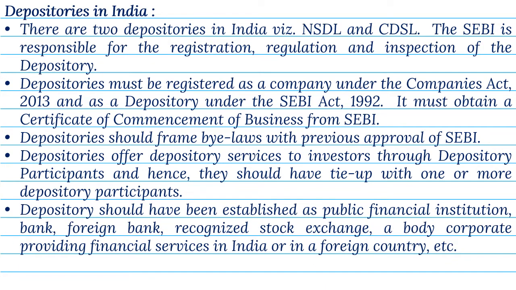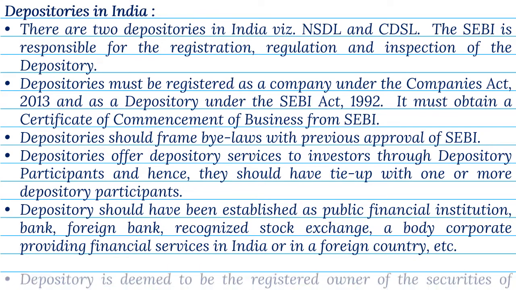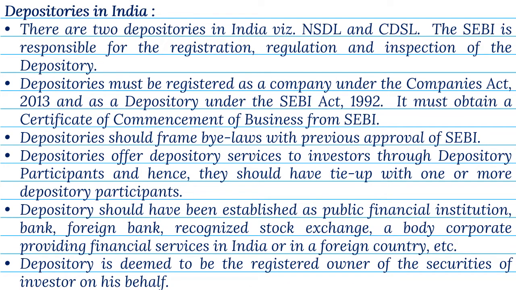Depository should have been established as public financial institution, bank, foreign bank, recognized stock exchange, a body corporate, providing financial services in India or in a foreign country, etc. Depository is deemed to be the registered owner of the securities of investor on his behalf.